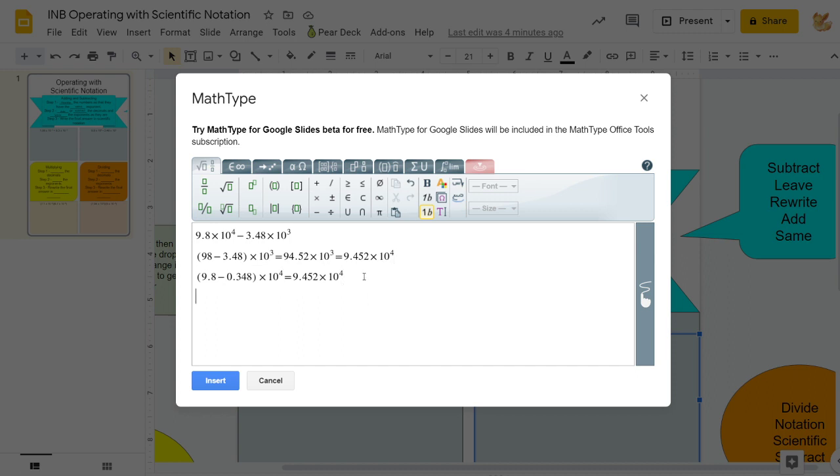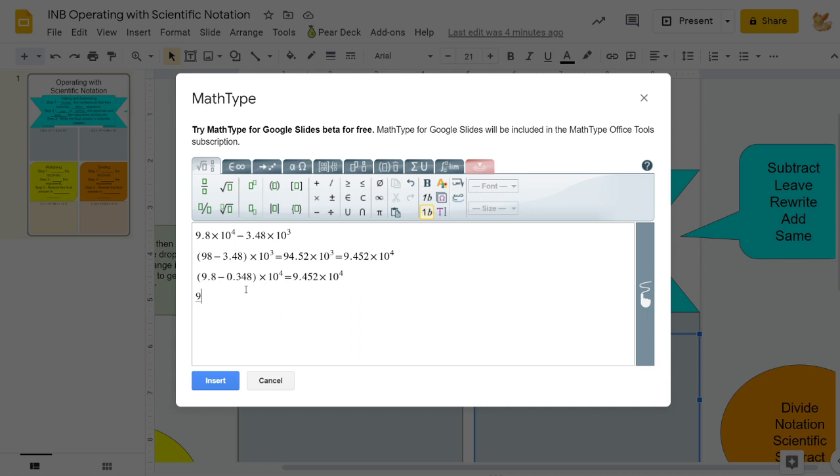Okay, and I did say I would show you another way. So this is the way I do it, because these other ways are hard for me. So what I would do is I would put these in standard form and then put the answer I get into scientific notation. So this is 10 to the fourth, which means I'm moving this decimal 4 places to the right.